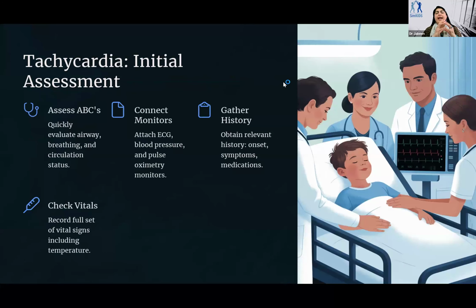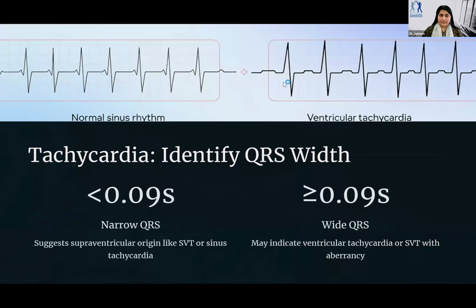As I said, for any algorithm, for any patient, your initial assessment will remain the same. That is PAT, ABCDE, vital signs, ECG, SAMPLE history, and then a head to toe assessment. So you did that and you find it is either a narrow complex tachycardia or a broad complex tachycardia.